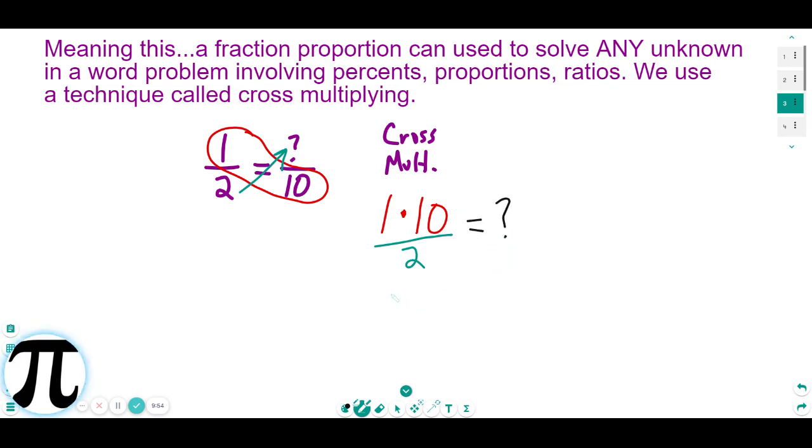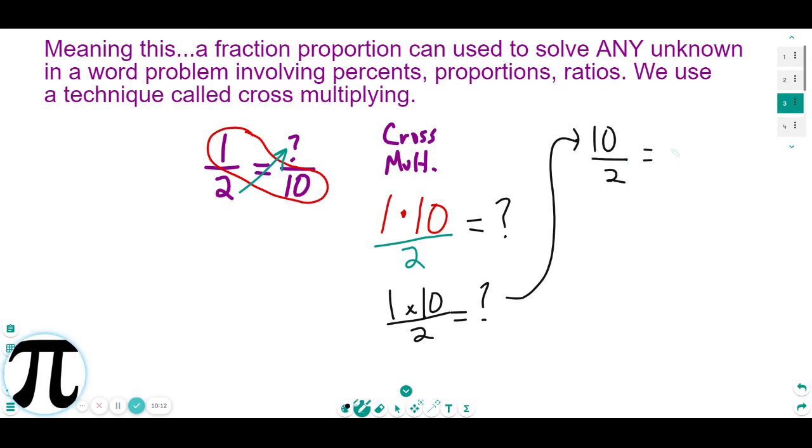If some of you are more comfortable with me using the times symbol, I'll do that. So 1 times 10, divided by 2, is equal to the question mark. What is 1 times 10? It's 10. So what is 10 divided by 2? It is 5.